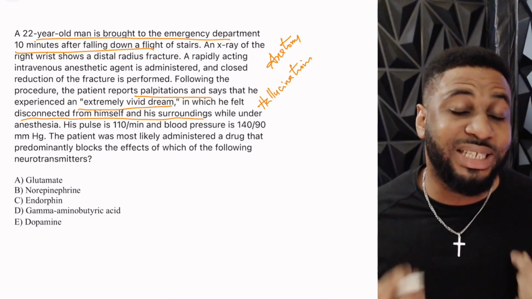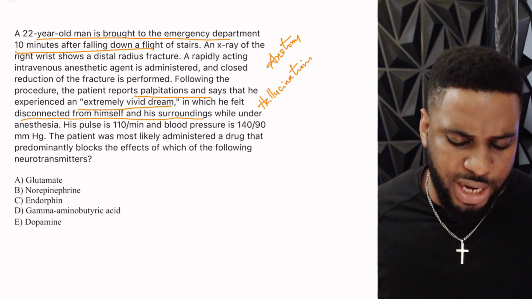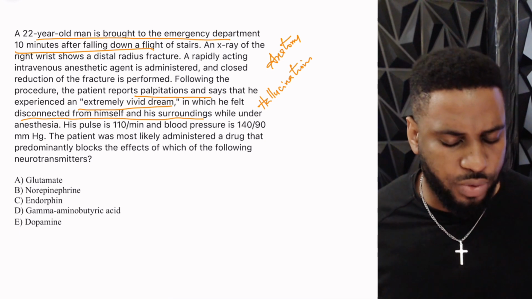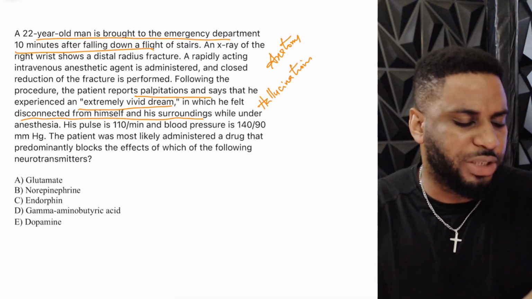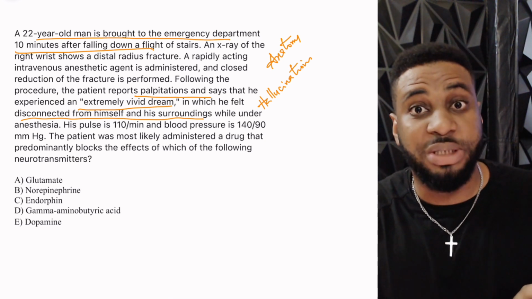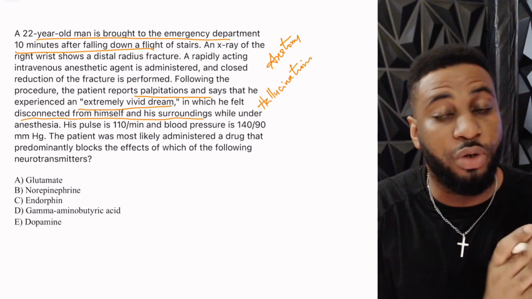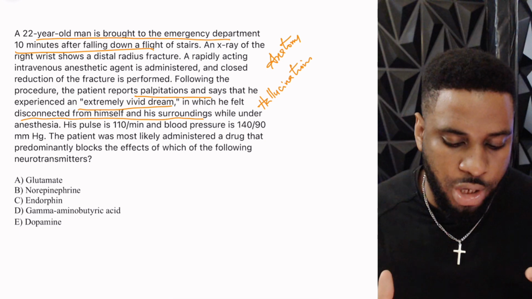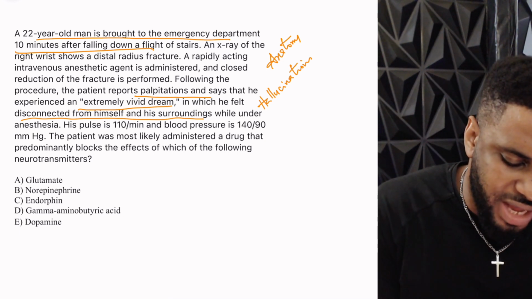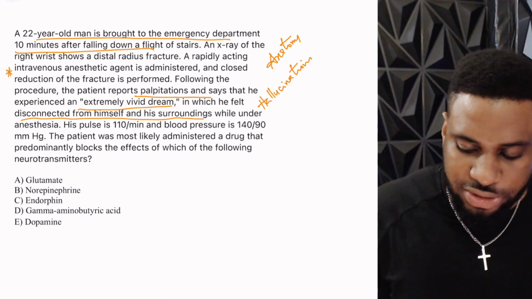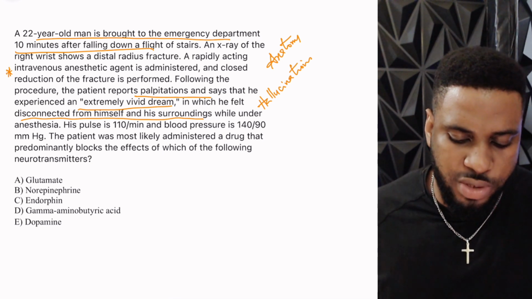So you start asking yourself immediately, wait a second, I thought this was going to be an anatomy question on maybe what the radius is fractured, what type of fracture it is, or what other structure has been damaged. Maybe it's going to be about one of your wrist bones or something of this nature. But quickly you realize, wait, after they mentioned an IV anesthetic agent being administered to this patient, they are now telling you he experienced palpitations and a vivid dream.